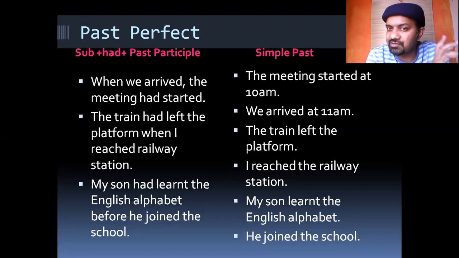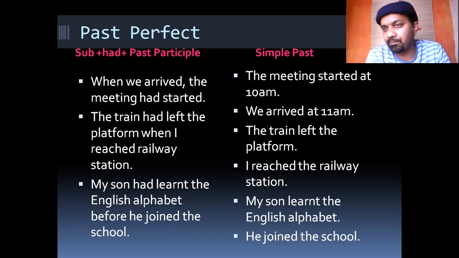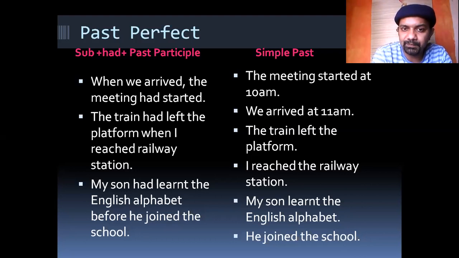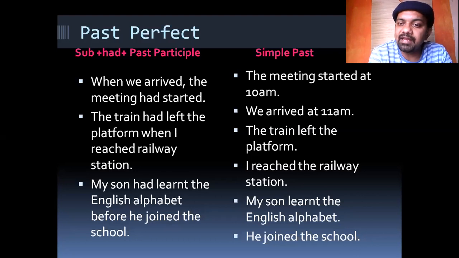You reached the railway station. The train left the platform. Or the first incident is that the train left the platform, you reached the station. I reached the railway station is the second incident.